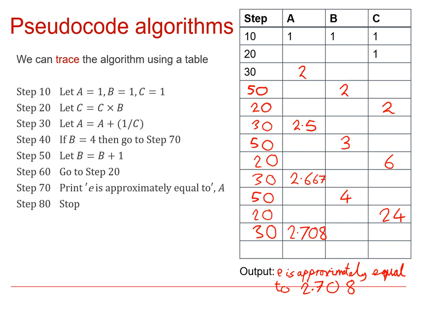So what we should really think about now, and this is where this human being aspect comes into dealing with algorithms, in terms of analysing them and thinking, can I change them in some way? Have a think about this yourself. You might want to pause the video and think about this, because there are 2 questions to ask you. Firstly, what do you think we could do here to increase the accuracy of this approximation?